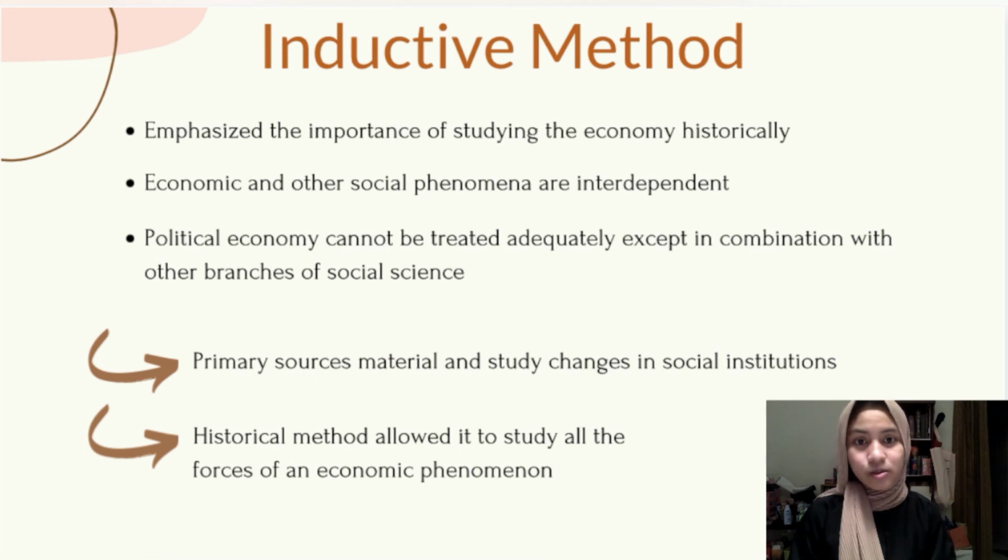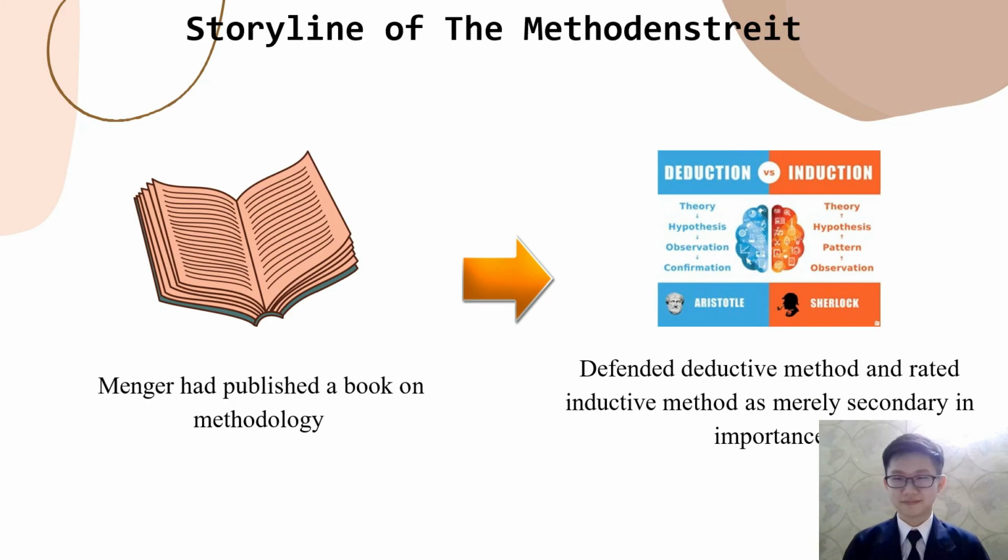Inductive studies use primary source material and study trends in social institutions. The German historical school claimed that its historical method allowed it to study all the forces of an economic phenomenon and all the phases of economic behavior, not merely their economic logic.